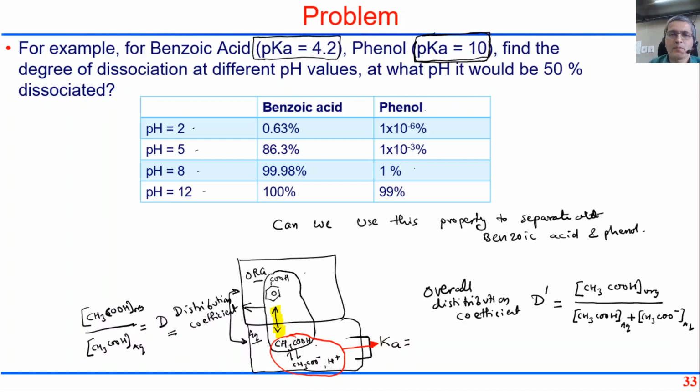Do you agree with that? Because in the aqueous phase, benzoic acid exists not just as benzoic acid, but as benzoate ions as well.